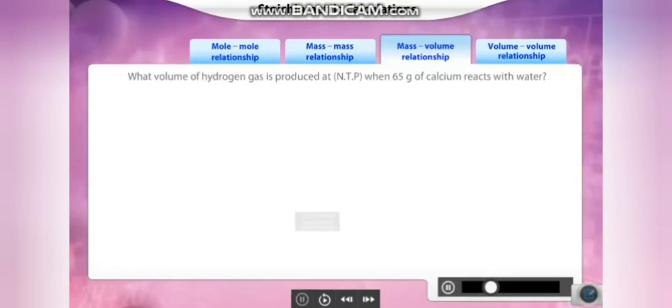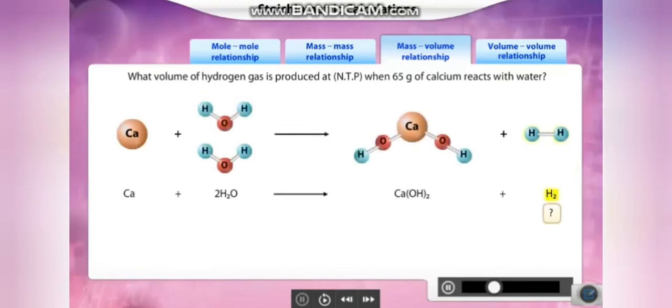In this type, for a chemical reaction, the mass or volume of either one reactant or product is to be calculated provided the mass or volume of the other reactants or products are given. Let's calculate the volume of hydrogen gas produced at normal temperature and pressure, NTP, when 65 grams of calcium reacts with water.